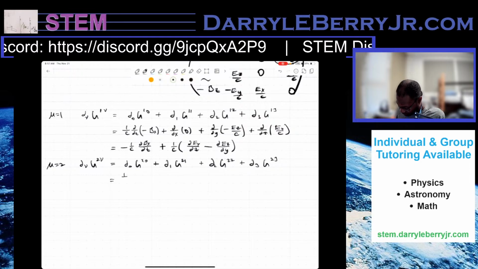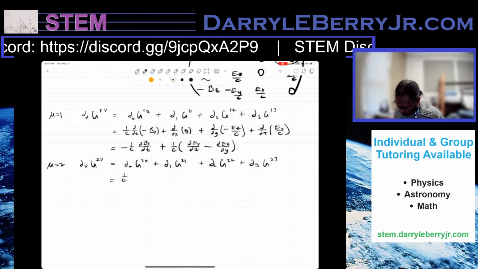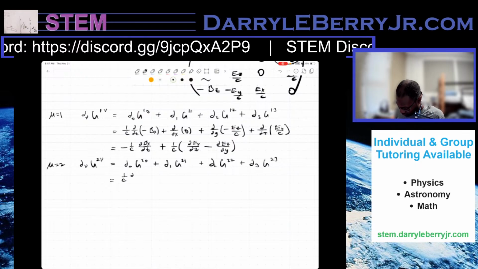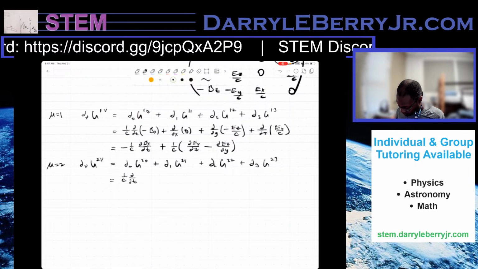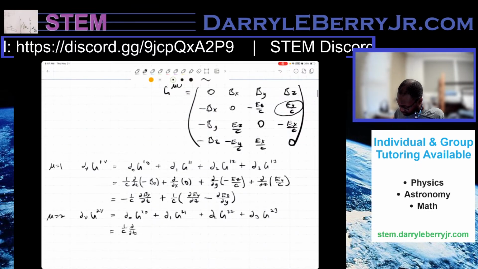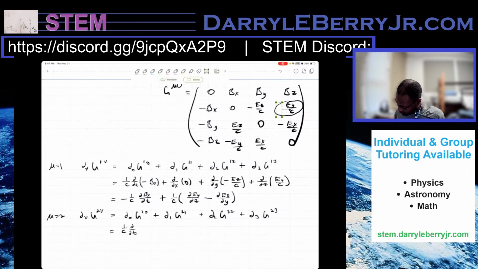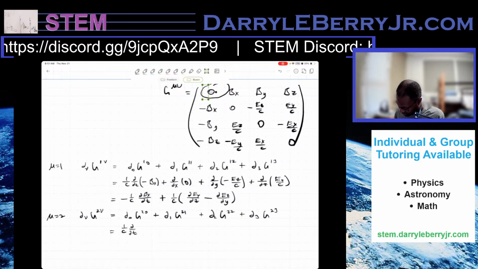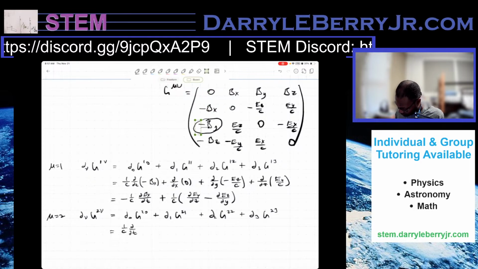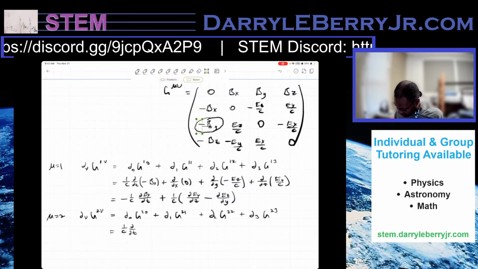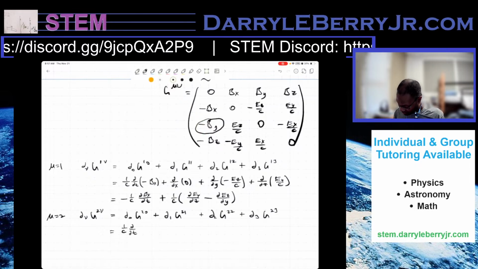So then we have 1 over c partial with respect to t. And now we're down to the row 2. So it's the third row, but it's 0, 1, 2. Column 0, which is the left column.